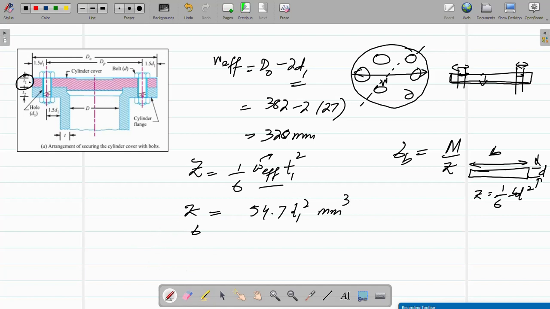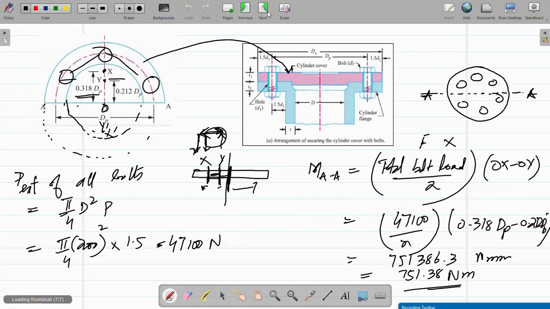Now we know that bending stress equals M over Z. Bending stress is again a normal stress, and normal stress can be written as sigma allowable. Again remember, bending stress is a normal stress. So M, we know, is 70.